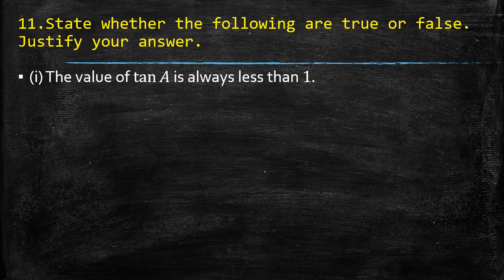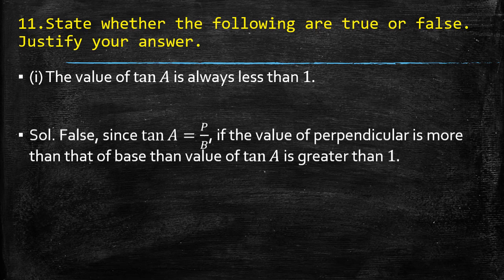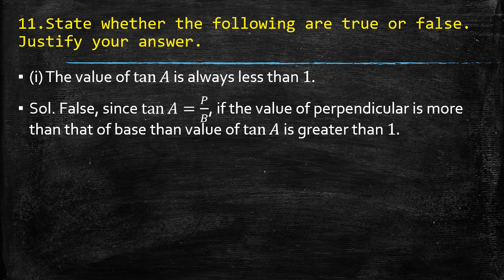For example, first part is the value of tangent A is always less than 1. Now, tell students what you are thinking. Is this true or false? If somebody is thinking it is true, then you are wrong, because this statement is false. How? I tell you.